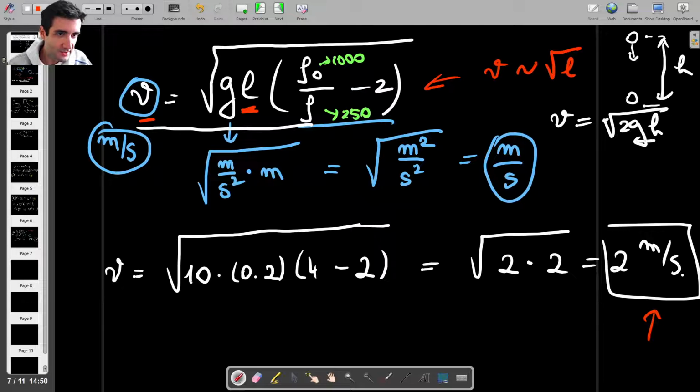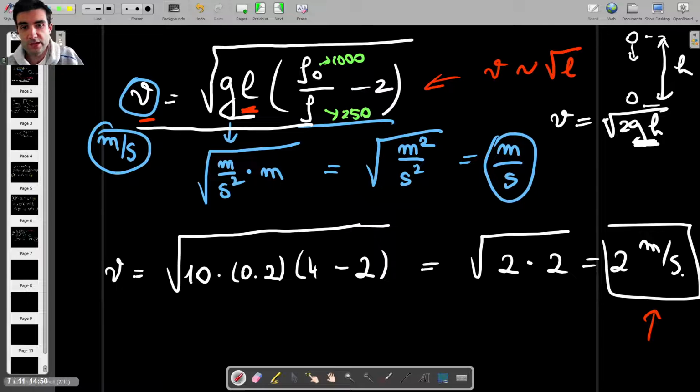So see, this term of gh, or g times the length in this case, appears and seems to be consistent across different problems. And this is another benefit that you get from using symbols that you cannot get if you just put in numbers from the very beginning.